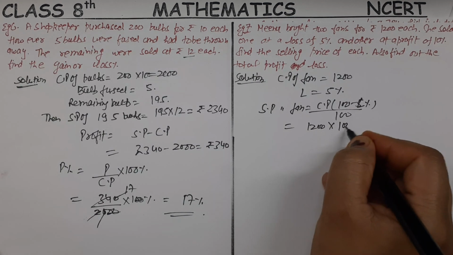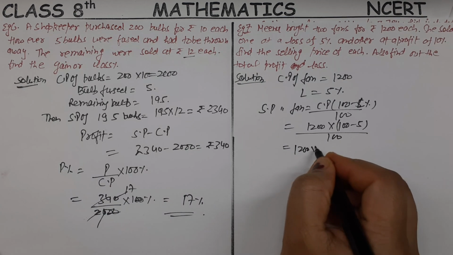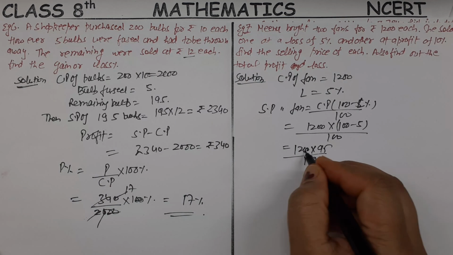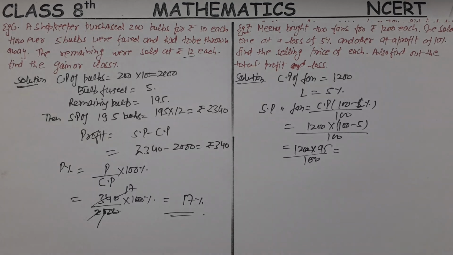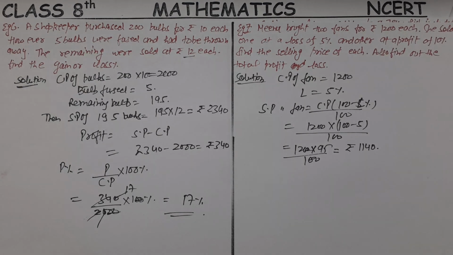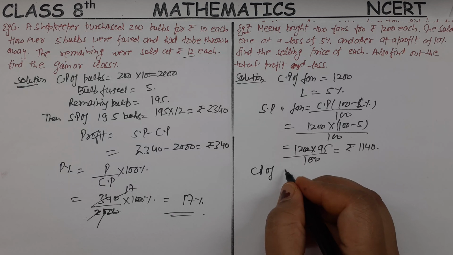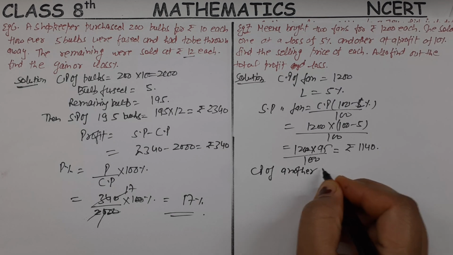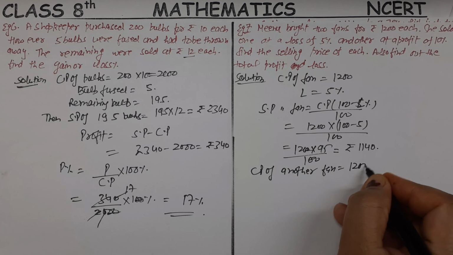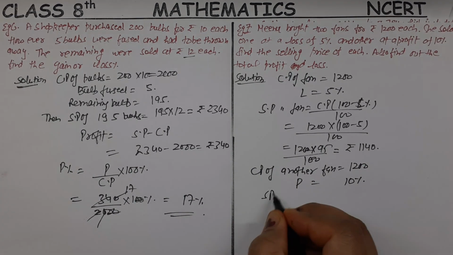Put the values, solving, we have rupees 1140. CP of another fan is the same, profit 10%.